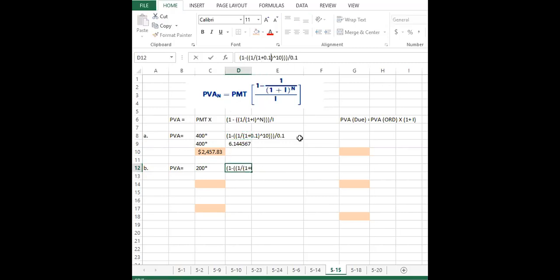Here the interest rate is 5% and the time period is also 5. In the next step, simply multiply PMT with the factor.